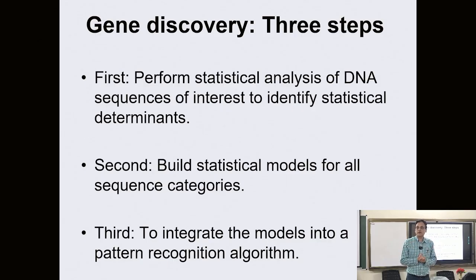Once you have identified those features, then build a model for each of these sequence types. One type is protein coding, the other type is non-coding, as an example. Once you have built the models, the third step is to integrate these models into a pattern recognition algorithm that can help discriminate protein coding genes from non-coding sequences. Clear? The three steps. And we will go through all these steps in a moment.